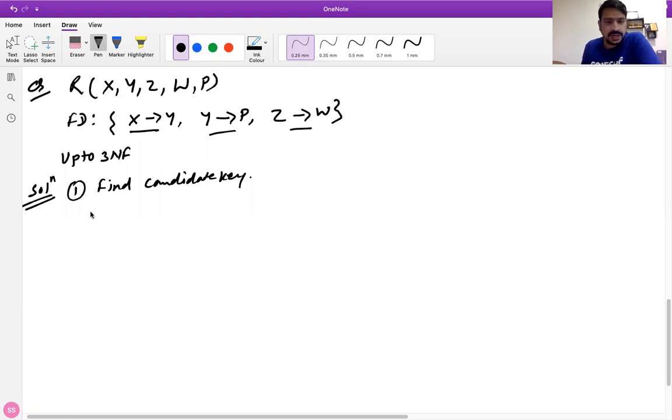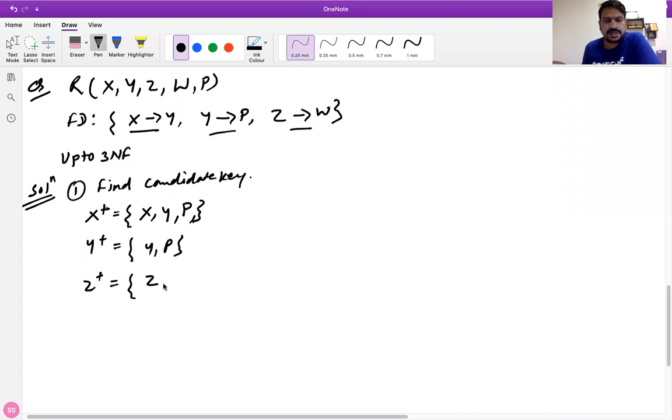Let's find out the candidate key. X closure. Do we get X closure as a candidate key? X is determining Y, Y is determining P. That's all. Now what about Y closure? Y closure could be determining P only. What about Z closure?